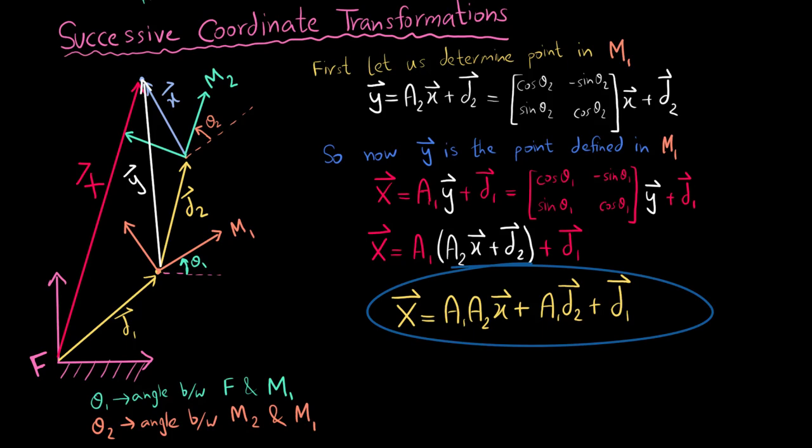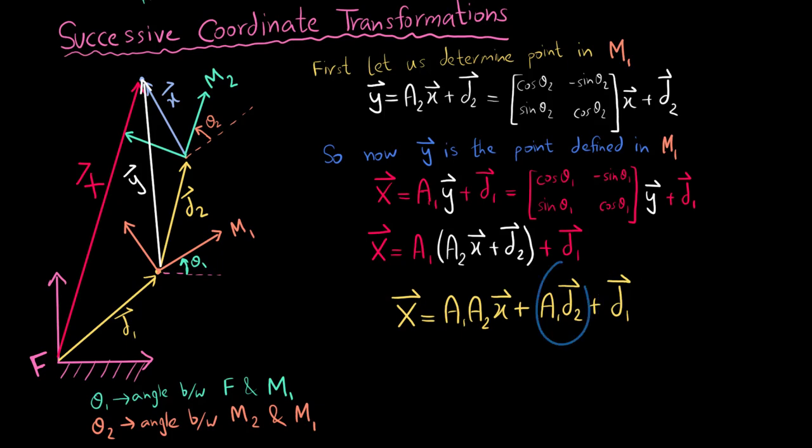Now let's take a moment to understand what this equation actually means. We can start out by dissecting this equation, starting with the term on the rightmost, which is d1. So d1 is just a displacement term. What it does is take the fixed frame and displace it by a vector d1.